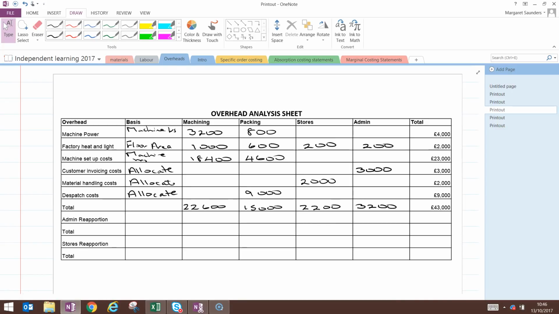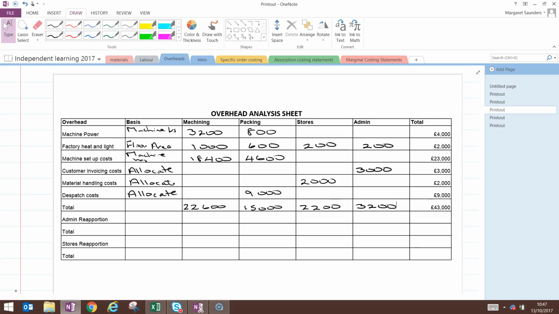Now what this means is that we are going to look at each of our departments and decide whether they are actually a production department, so they are involved in the production of the product, or whether they are a service department, which means that they don't actually produce the product, but they're needed for the running of the business.